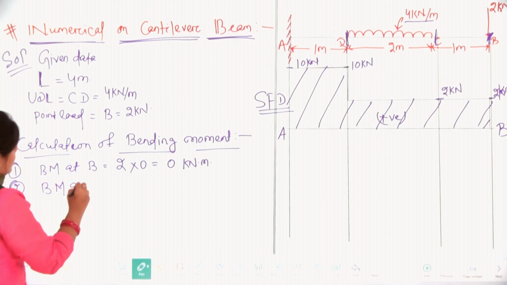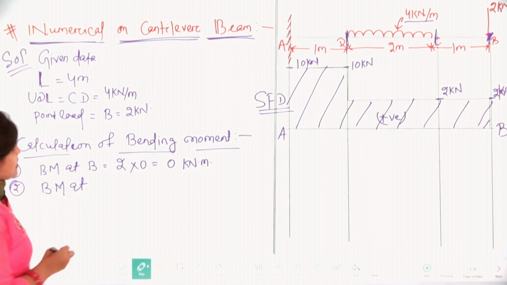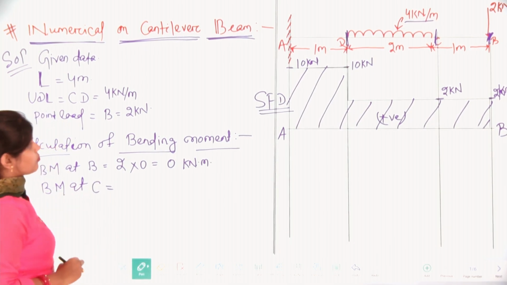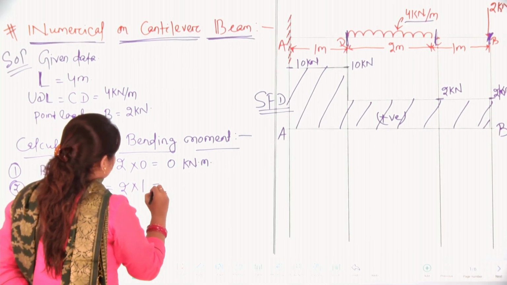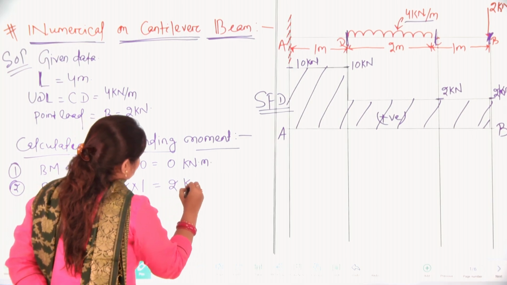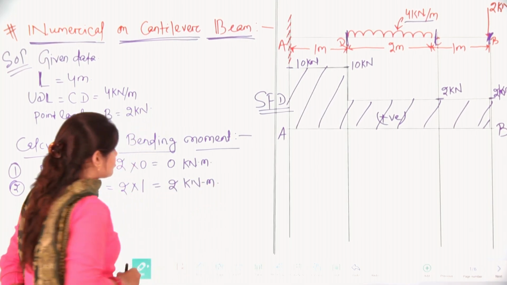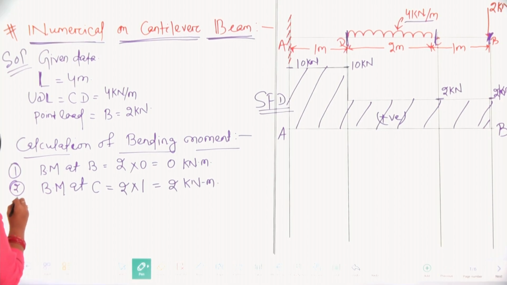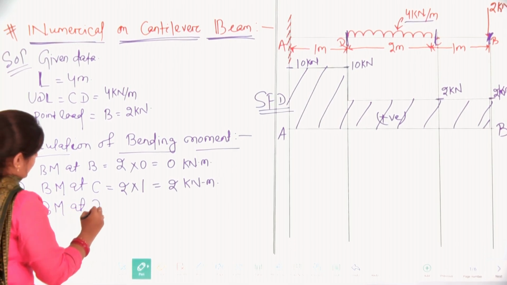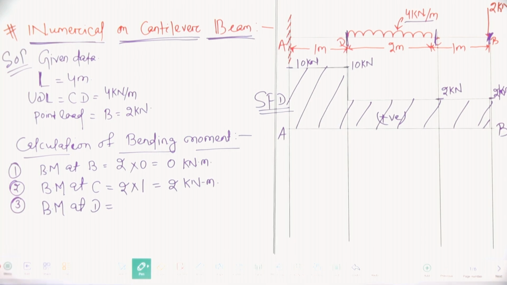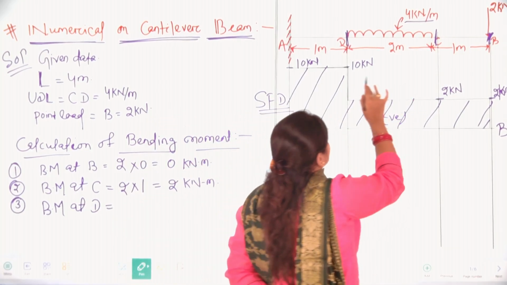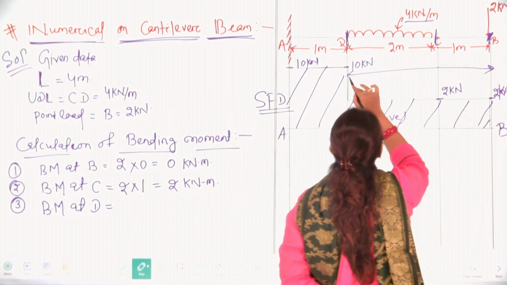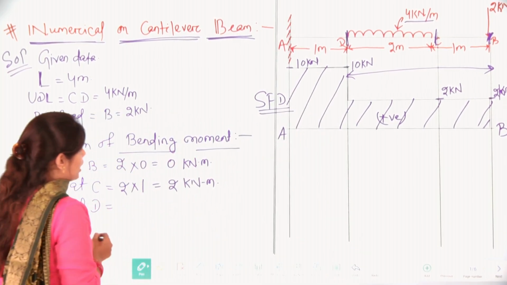Again bending moment at C: just multiply 2 kilonewton with 1 meter of distance, so we have 2 kilonewton meter. Again bending moment at D: this 2 kilonewton load will be multiplied with this distance, so 2 multiplied with 3.